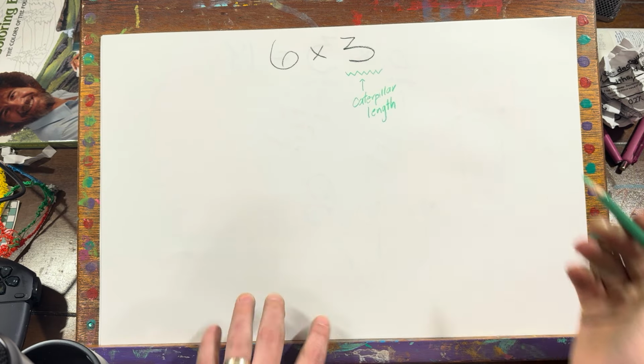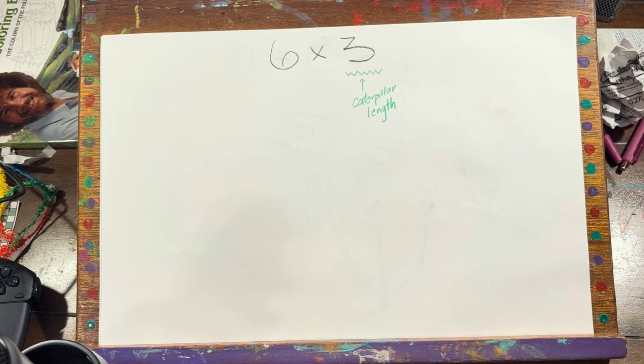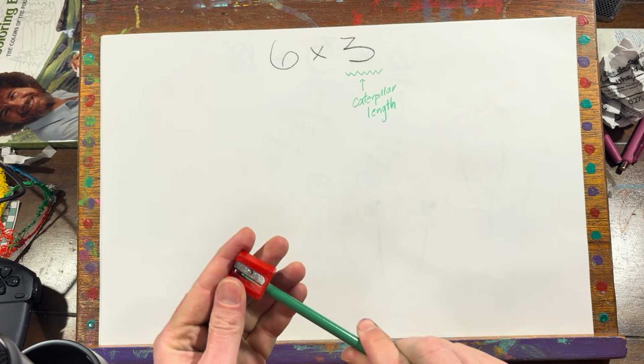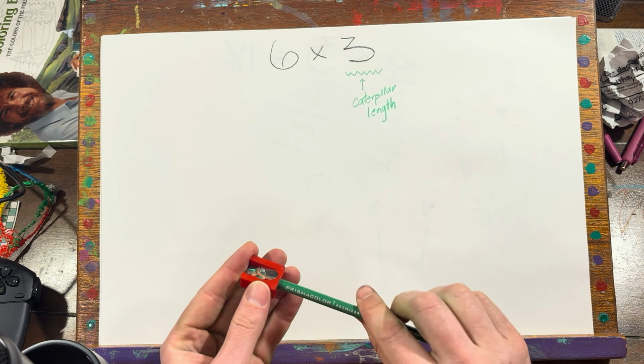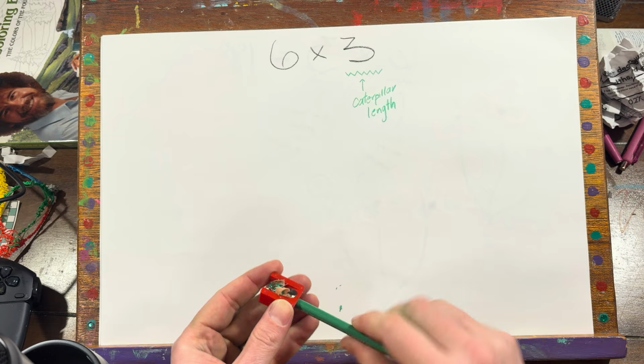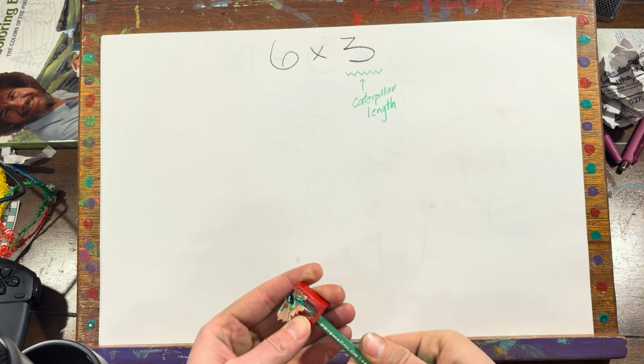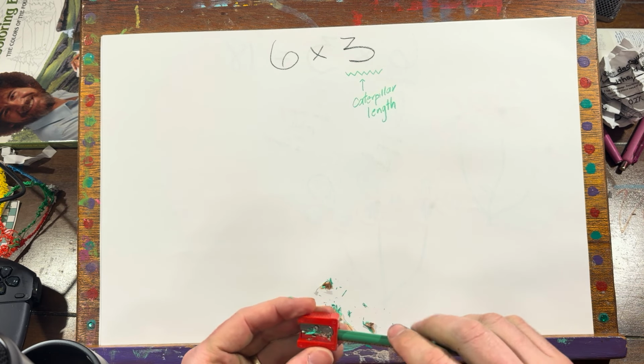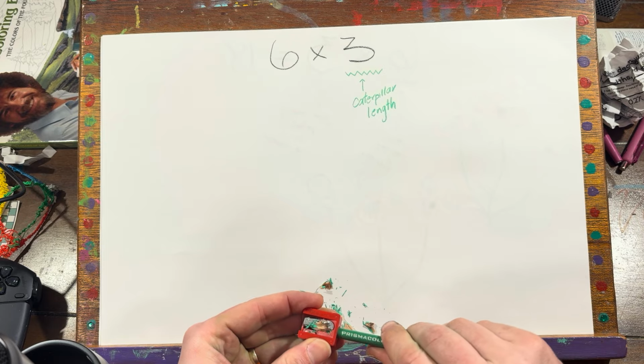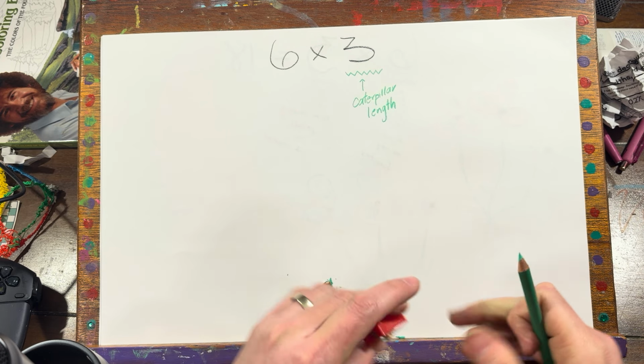So instead of drawing a flower that has 3 petals, I'm going to draw a caterpillar that has 3 feet or 3 inches or 3 caterpillar units of length. So now instead of counting petals, I will be measuring length.